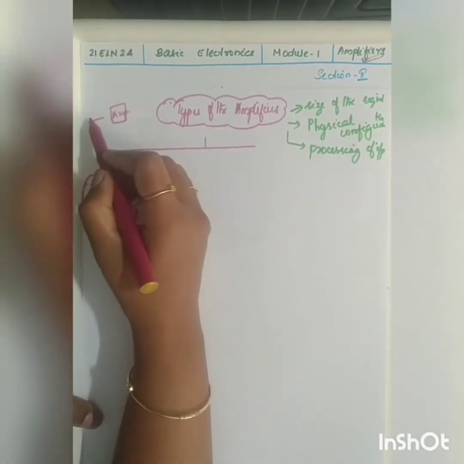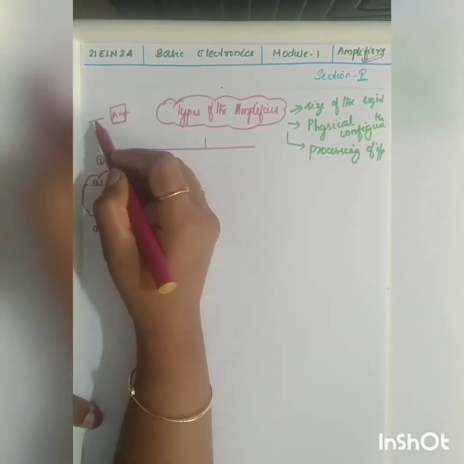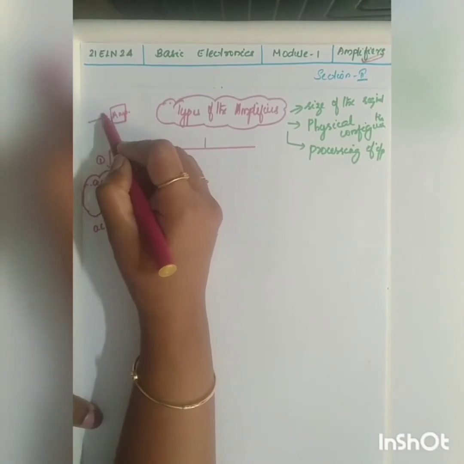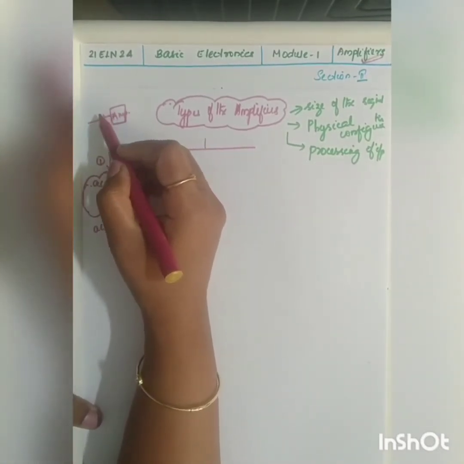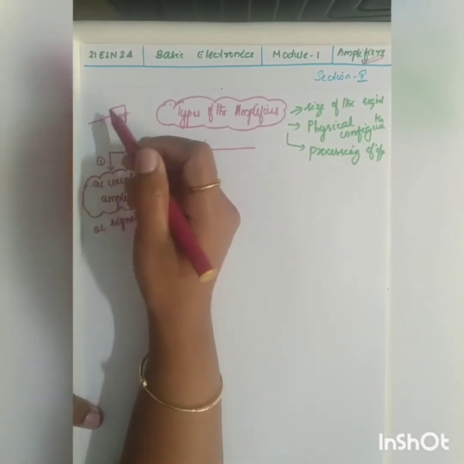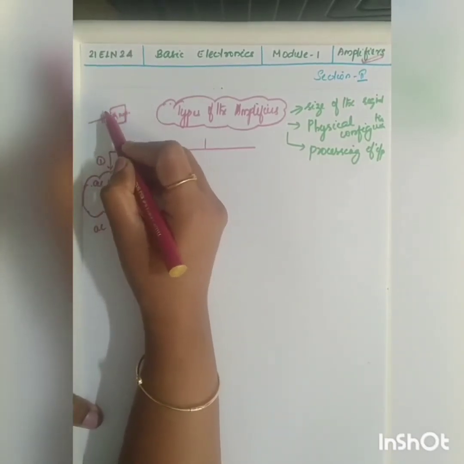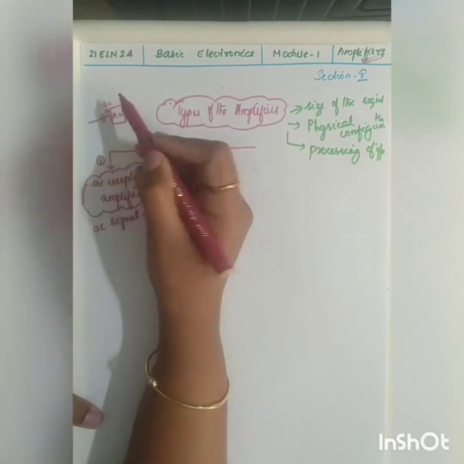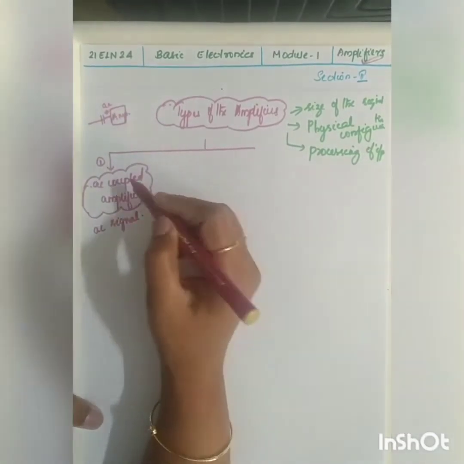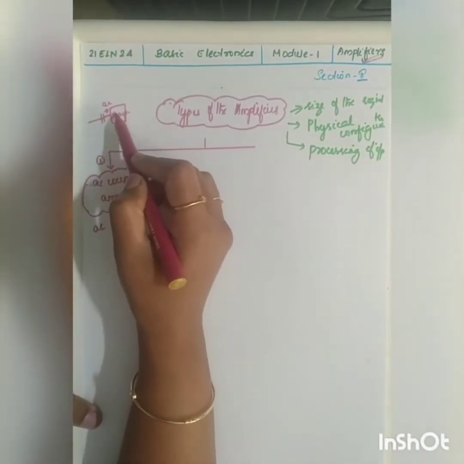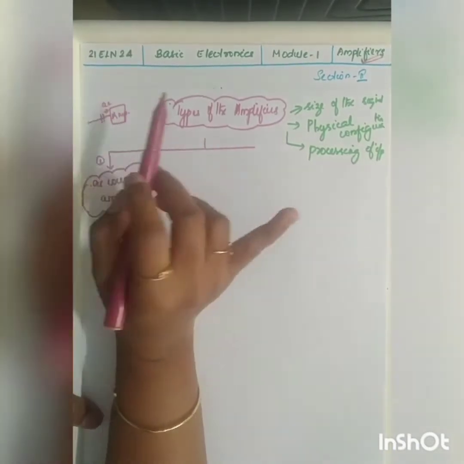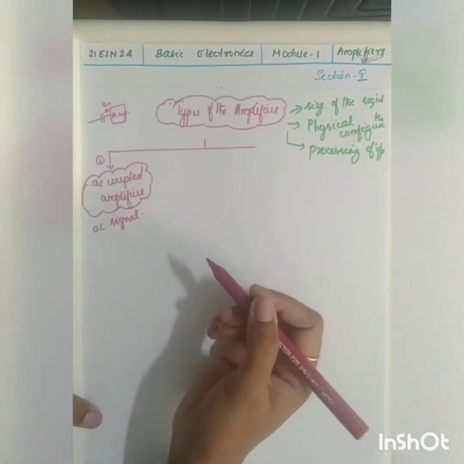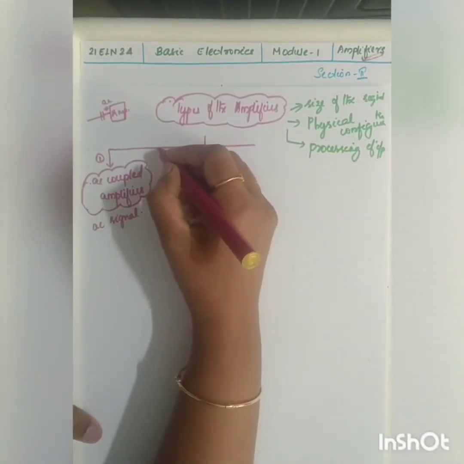The signal will contain both AC and DC components, right? If you use a capacitor on the input side, what is the property of a capacitor? It allows AC and blocks DC. So towards the input of the amplifier, it will pass only your AC signals. The amplifier will amplify only your AC signal by using a capacitor which blocks the DC component. Such amplifiers are called AC coupled amplifiers.